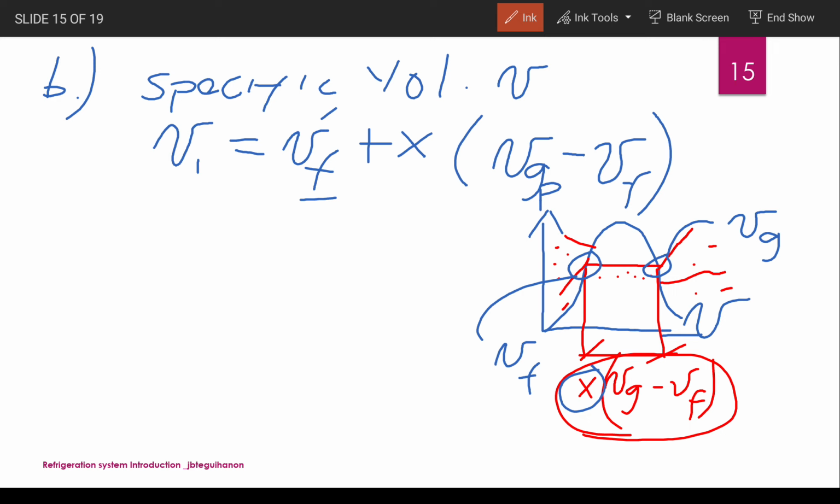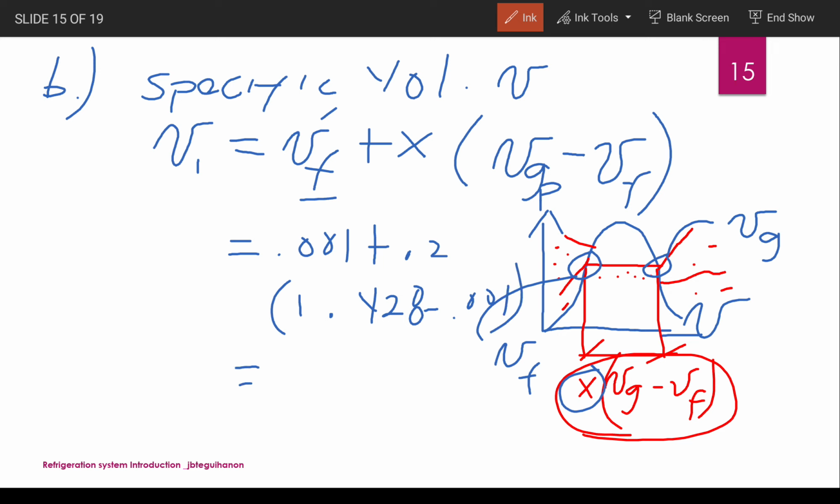So we plug in these values: 0.001 plus 0.2 times the value I look up from the table, 1.42628 minus 0.001.